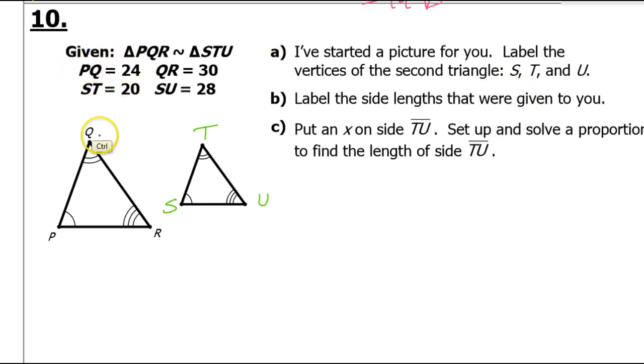So PQ is 24. So let's go ahead and label the 24. QR is 30. So there you go. ST is 20. Interesting. And SU is 28. Put an X on side TU. Boom! Set up and solve a proportion to find the length of side TU.